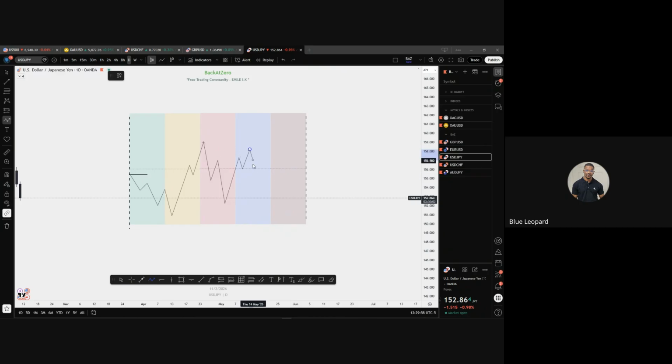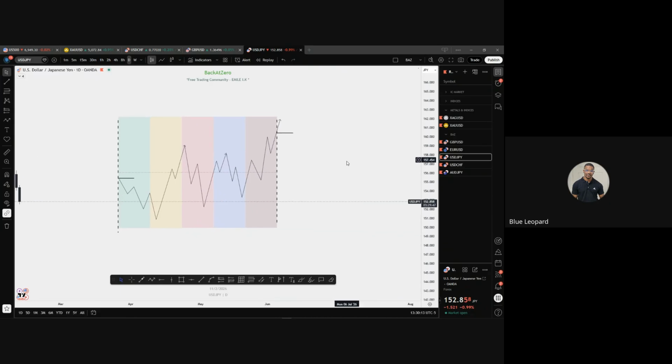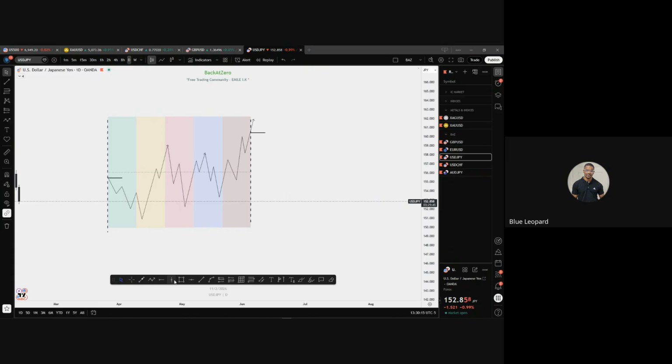So now I'm just showing you a random price action that I'm drawing. This could be a week. The week opened here and then closed here. Let's represent this week with a bigger candle. We opened here and closed here. Now I will take this and mark my week.